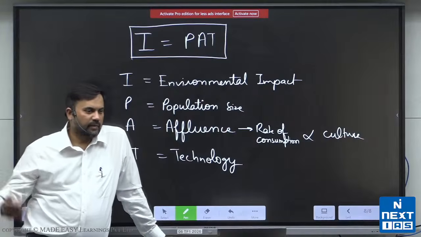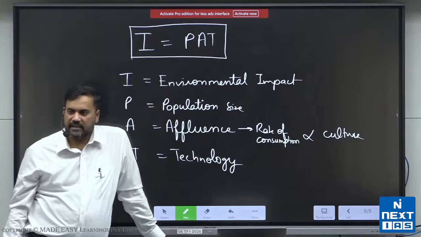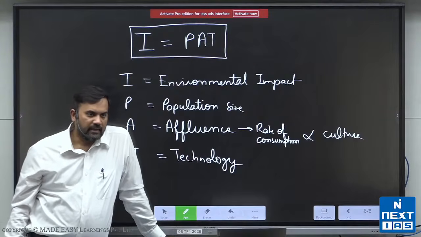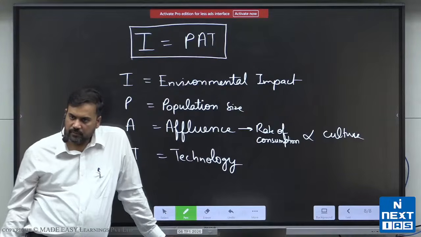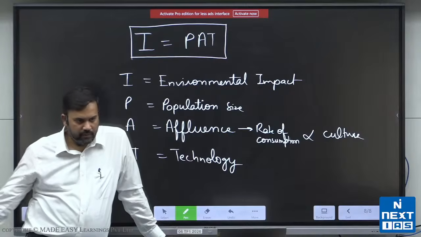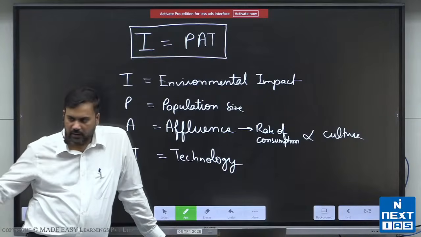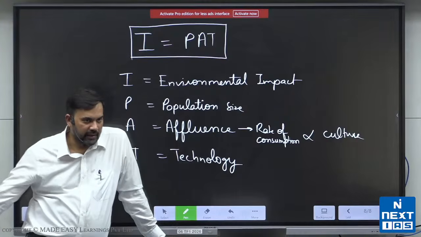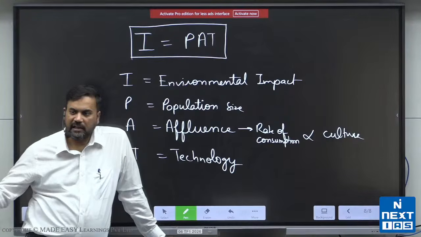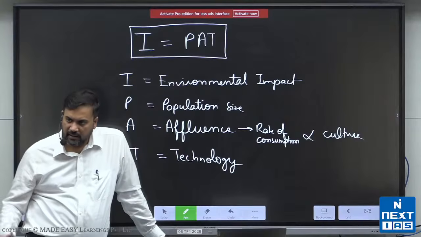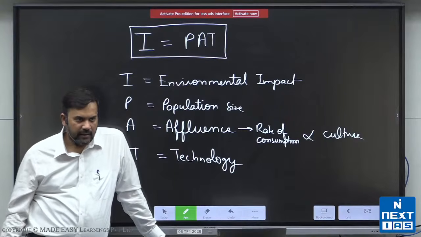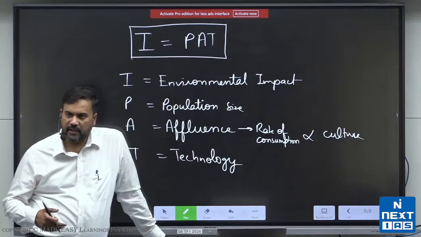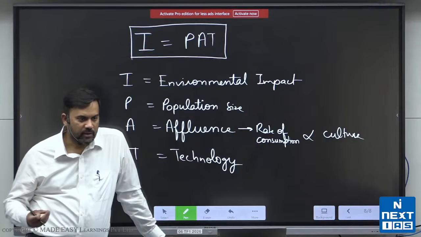So, for example, if it is capitalist culture, can I say there will be commodification, there will be use and throw, and there will be a higher consumption rate? If it is some other type of political economic system, it may be different. If you go to rural India, people still have the habit of preserving things, recycling things. So there is less use and throw, and thus there will be a lower consumption rate per capita.